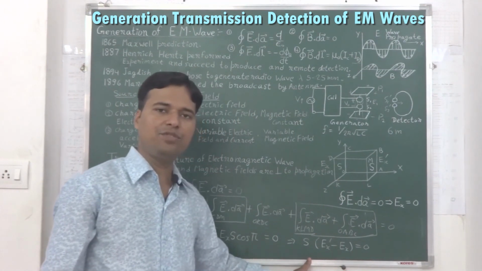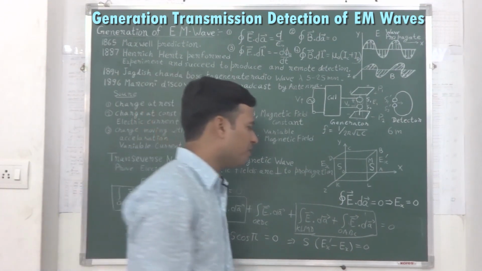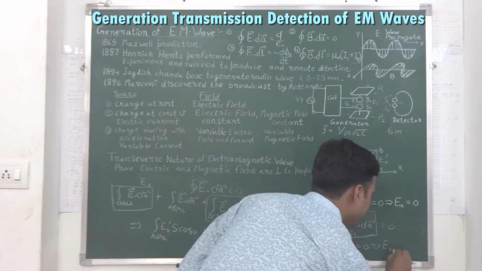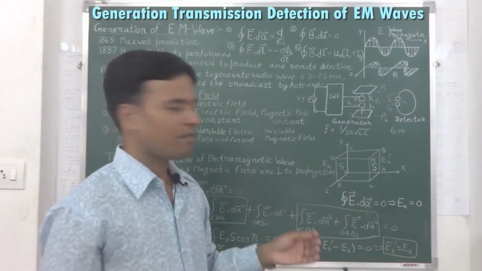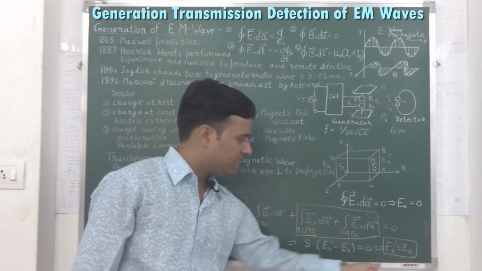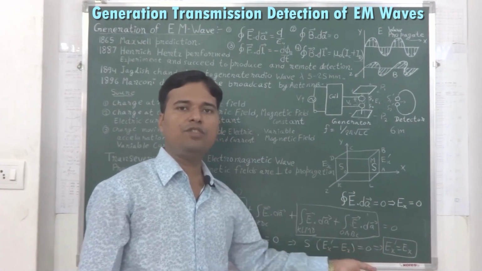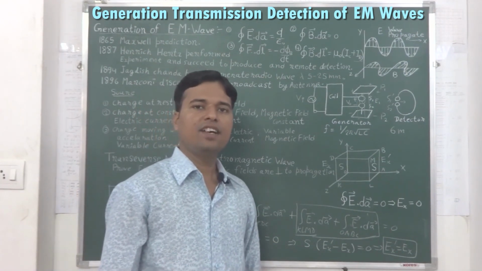The area value S is not equal to 0, so we can write here that Ex dash is equal to Ex. Now dear students, the result is giving that the electric field value will not change with change in x value.